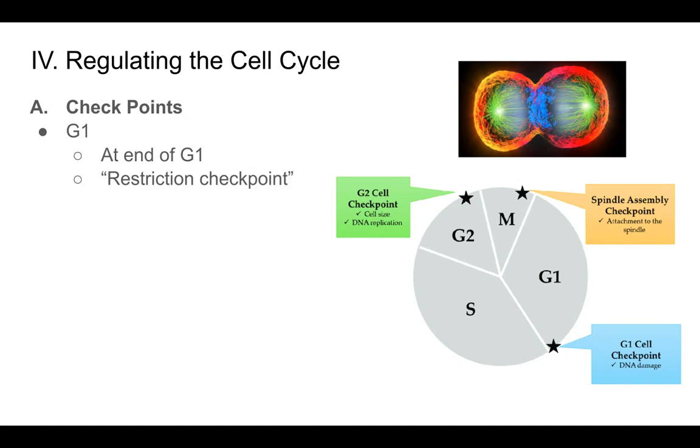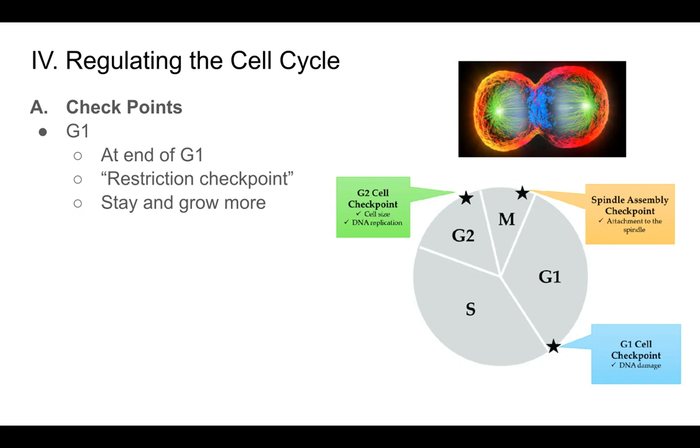As a cell cruises towards the end of G1, there are a couple of things that it really should have done. And if it hasn't done those things, there are a couple of options. The cell approaches the checkpoint, and if it hasn't met the criteria, it can actually stay in G1 until it does.